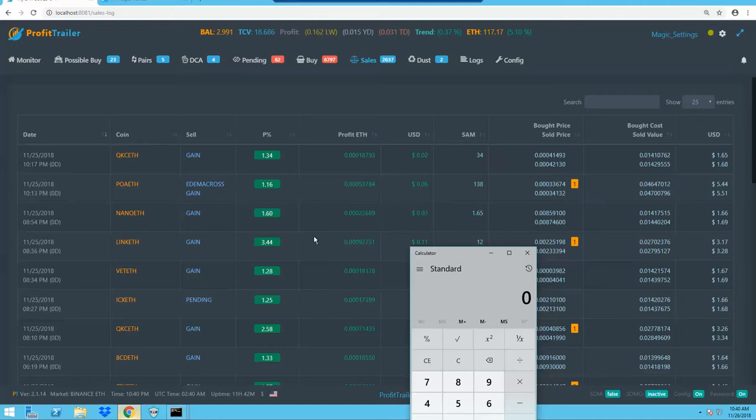Here's an example of a coin, LINK, that gained 3.44% today. The profit in Ethereum is listed here, and the profit in US dollars is 11 cents. I made the 11 cents off of $3.17 instead of making 11 cents in 31 days off of $10,000. This is why I'm doing it. 11 cents.